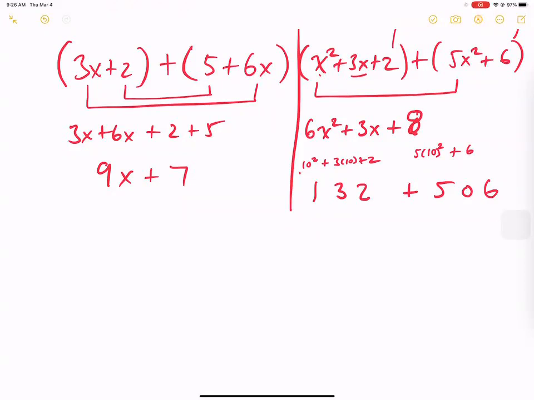And how do we normally add 132 plus 506? We add the hundreds, we add the tens, and then we add the constants, the last numbers. And it's nice to see if it's 10, but what if it was 8? What if it was 7? What if it was 6?